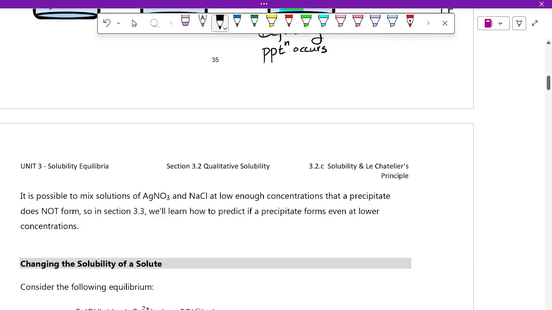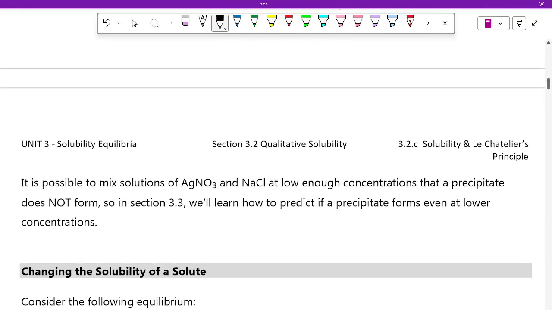It is possible, and we just talked about this, it is possible to mix silver nitrate and sodium chloride at low enough concentrations that a precipitate does not form. And we will learn how to do that when we get more into the math.